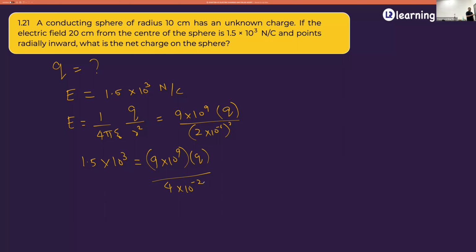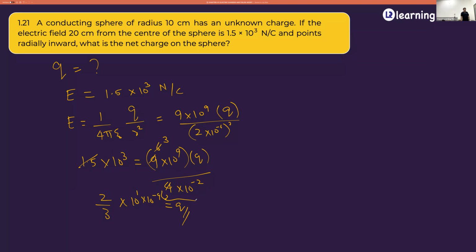So 1.5 is 3 by 2. This will cancel 6 times, this will go 3 times, this will go 2 times. Take it to the other side. So 2 divided by 3 into 10 power 1 into 10 power minus 9 is equal to the charge.